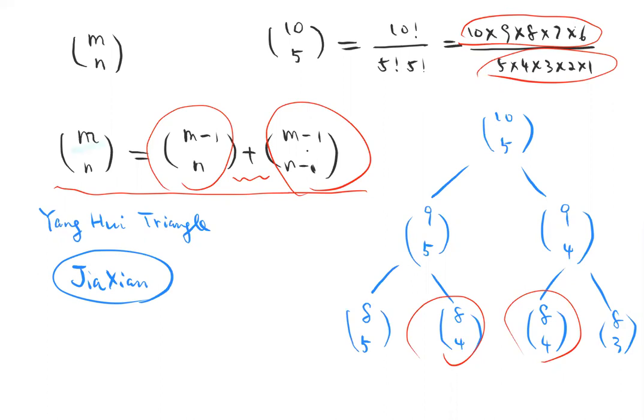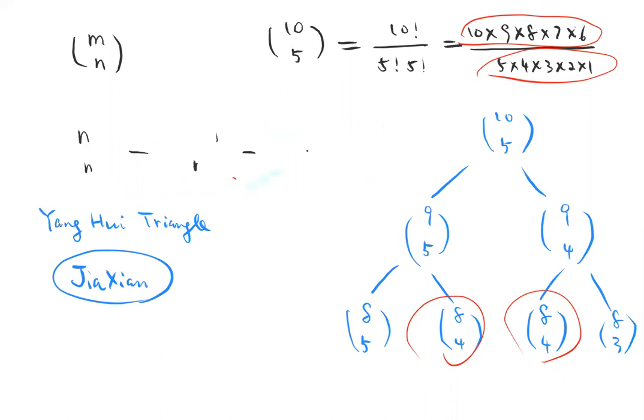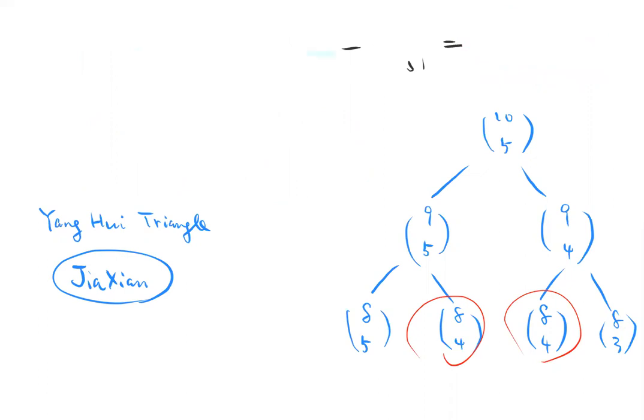So let's see. We start with simple ones. In order to compute the number here, it's just the addition of these two. So we simply add them up to get 1.